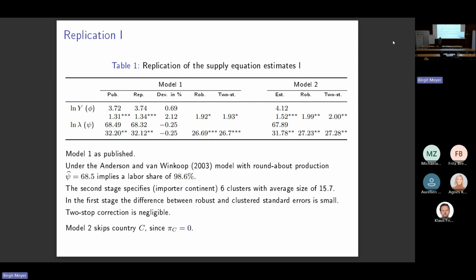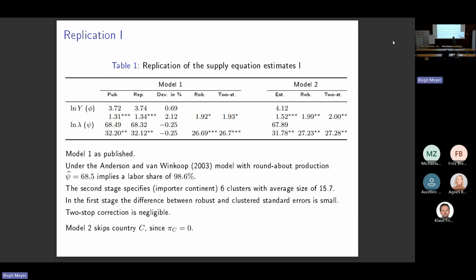So I thought, let's do this as robust. And what you see is here I get a smaller variance, and here I get a bigger one. This just affects the standard errors. Then I did this two-step procedure, and it turned out it's more or less the same.